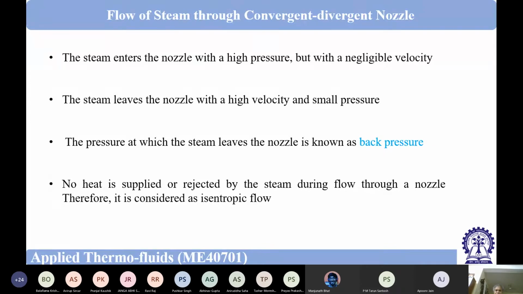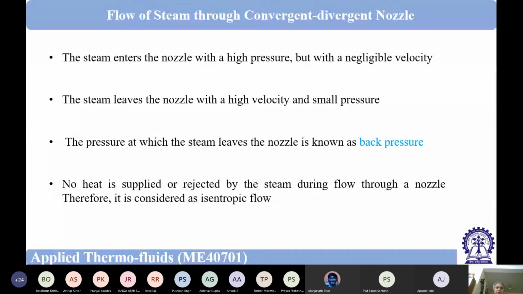Actually the nozzle is small and steam remains within it for a small period of time, so it is assumed there is no heat transfer. In most cases we also assume friction is negligible. So if there is no friction and no heat transfer, the flow is considered to be isentropic flow or reversible adiabatic flow.